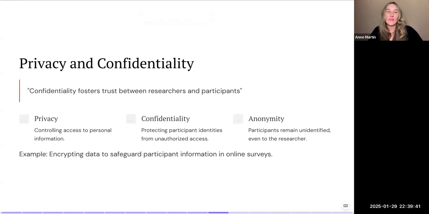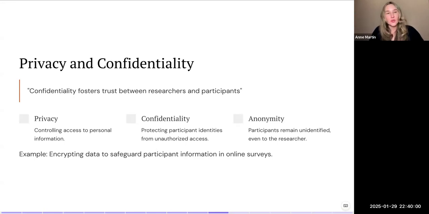So the ideas of privacy and confidentiality are really important in protecting the rights of research participants. Now, privacy has to do with keeping the person's identity private and then also their data and the information that they share with you.